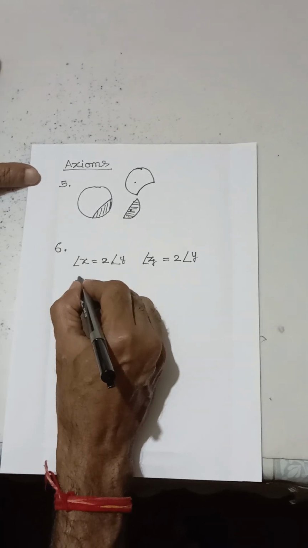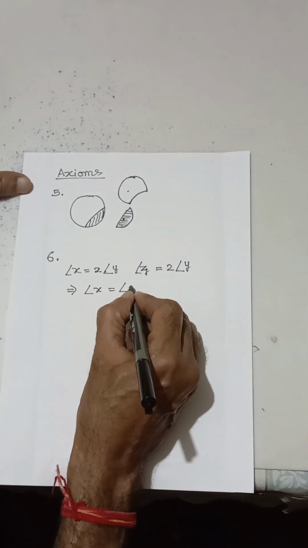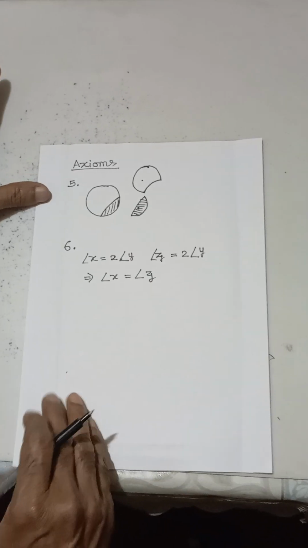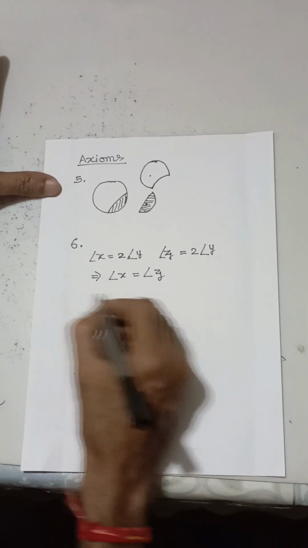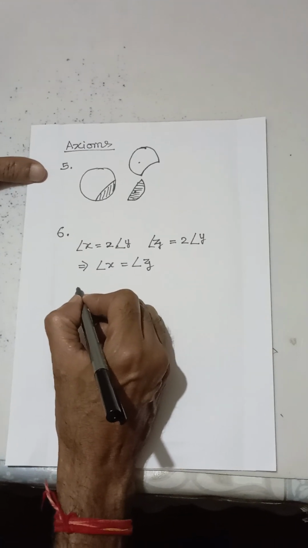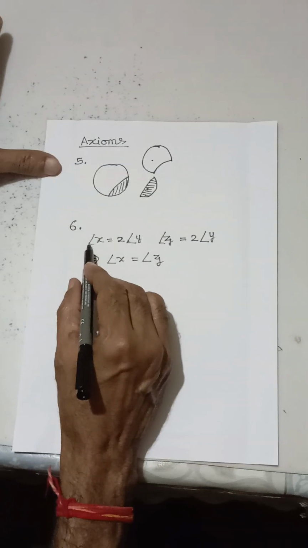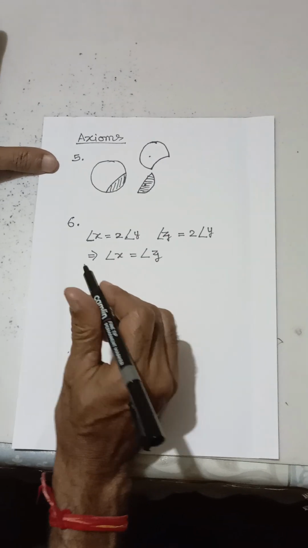This implies angle x is equal to angle z. This is the theorem. For up to the 9th standard level student, this is almost clear.